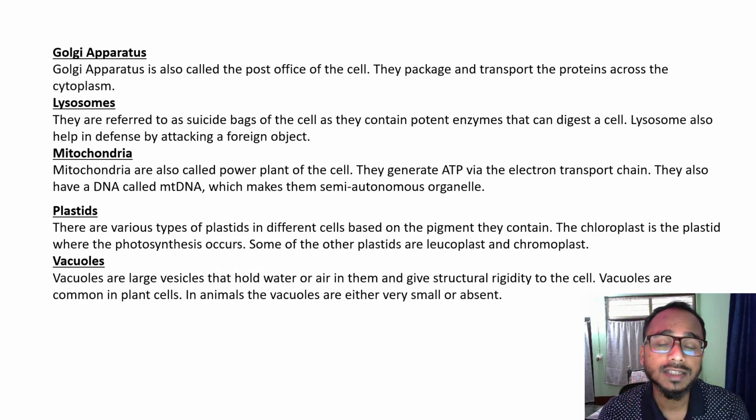In the eukaryotic cell we have different organelles, parts of the cell that have different functions. Out of them, cytoplasm is the fluid. Chromatin becomes chromosomes when the cell grows. Similarly, Golgi apparatus, lysosomes, mitochondria, plastids, vacuoles. All these things are very theoretical, and you need to learn them by heart.